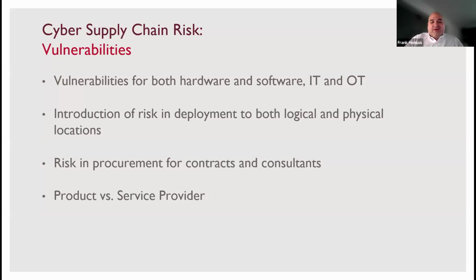And then the final one is products versus service provider. So there's challenges with the products themselves, but there's also the organization as a service provider that can introduce risk. SolarWinds is an example, where a service provider introduced risk, not on purpose.